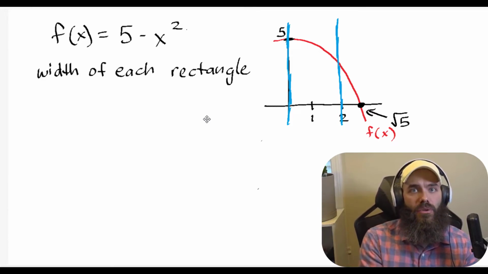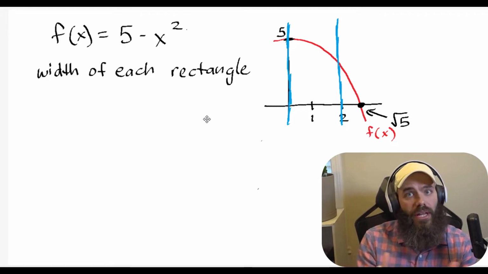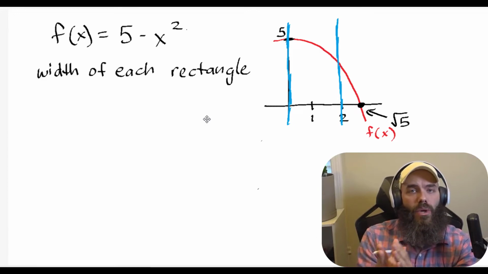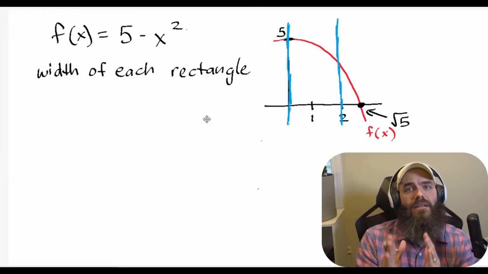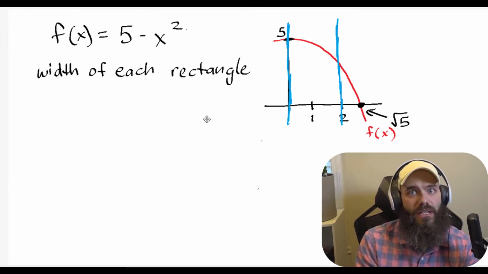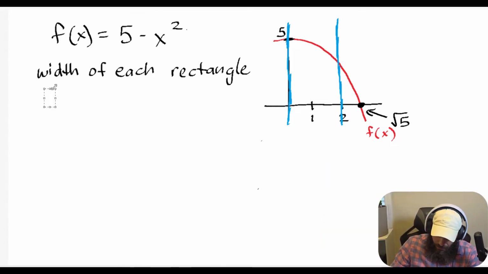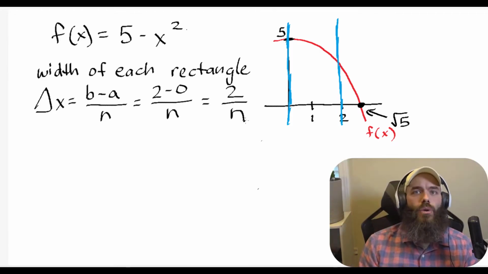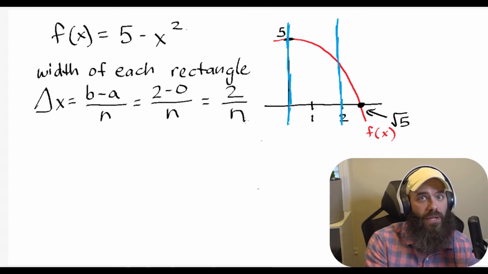Now, in general, the width of those rectangles, n being any number that I want, would just be the right endpoint minus the left endpoint, which gives me the length of that interval, divided by the number of rectangles I want to use. Okay, so let's see what that looks like. Delta x is going to represent the width of each of my subintervals or my rectangles.